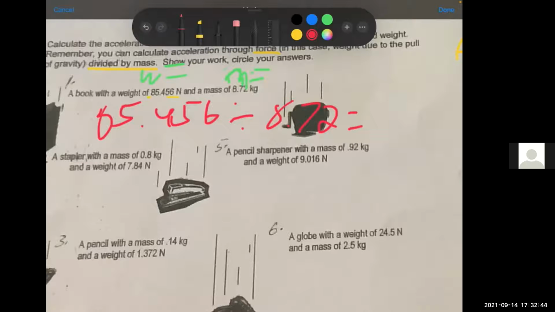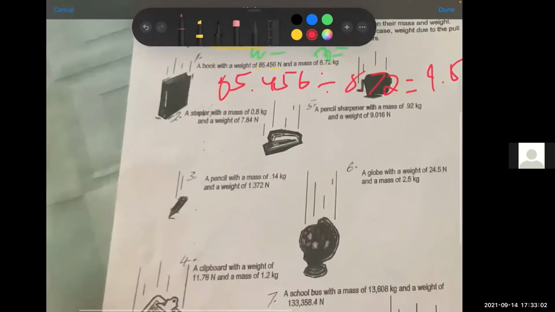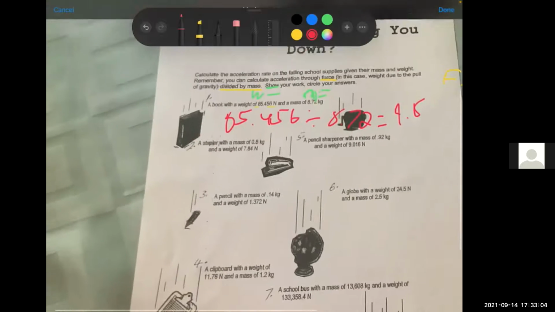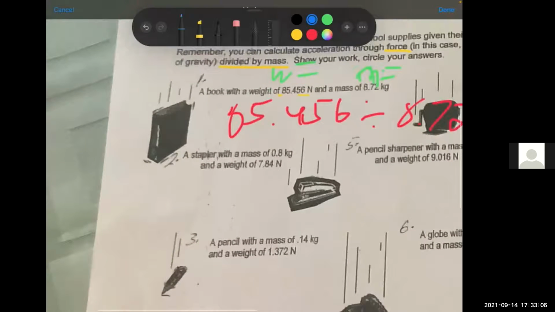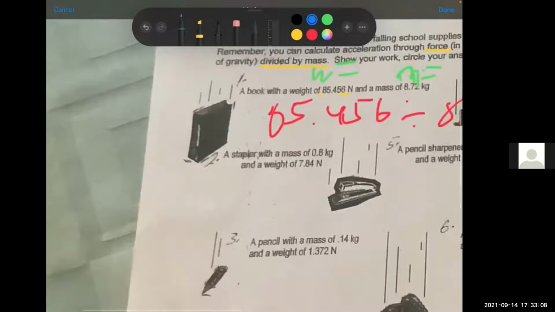So yeah, it looks like you have to do it this way: weight divided by mass should equal your acceleration.